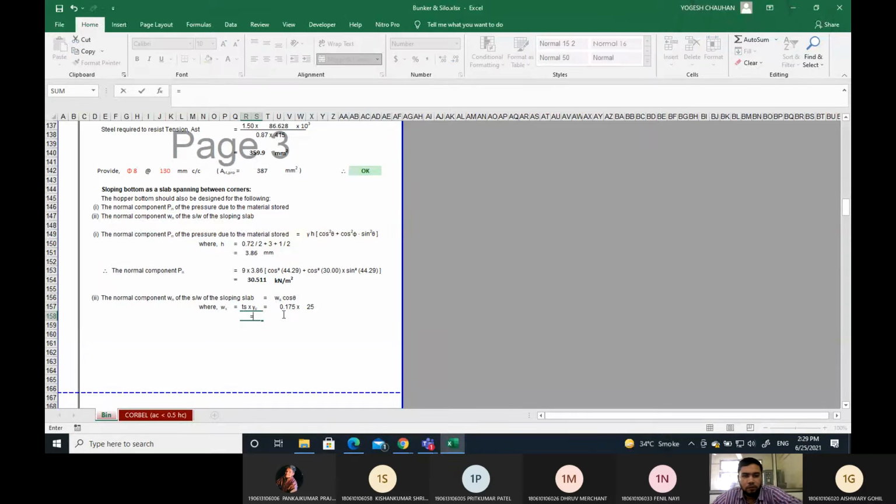So this will be equal to this into this, 4.38. This is in kilonewton per square meter.